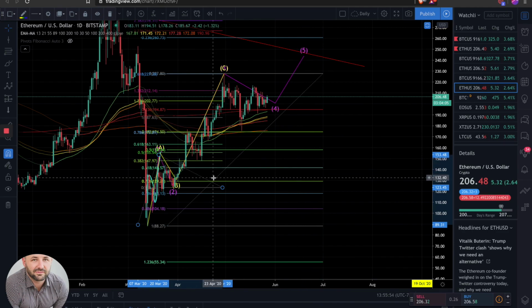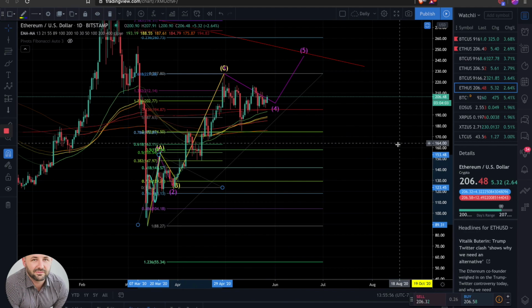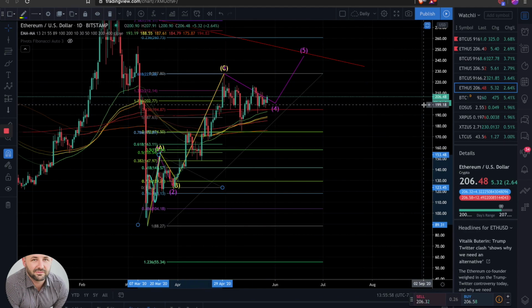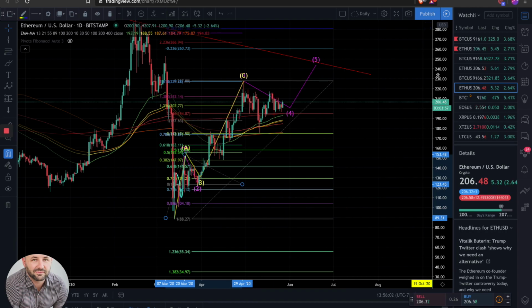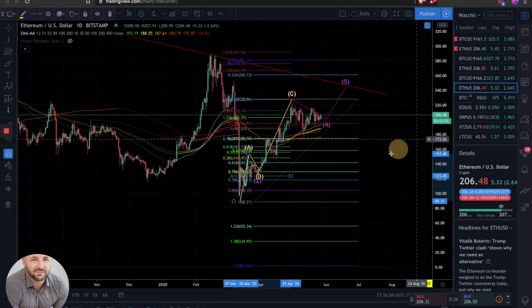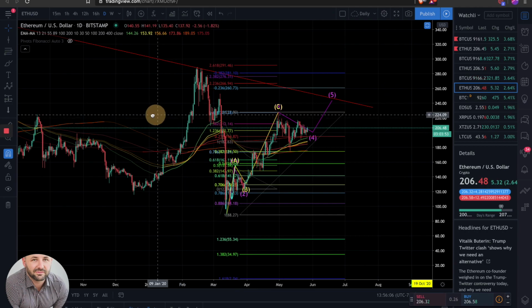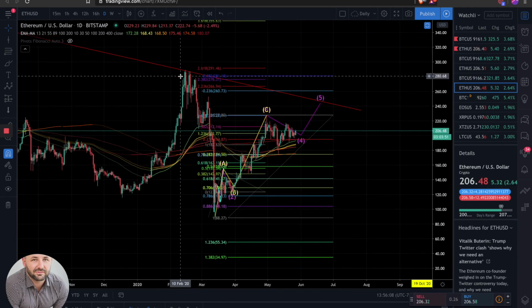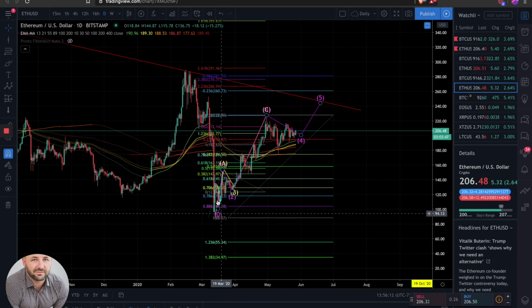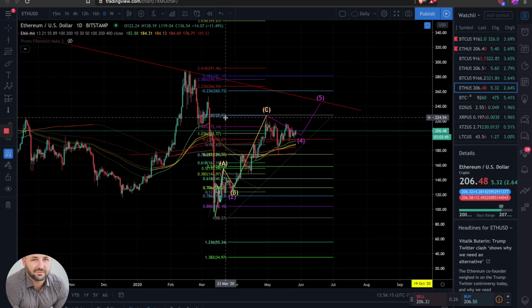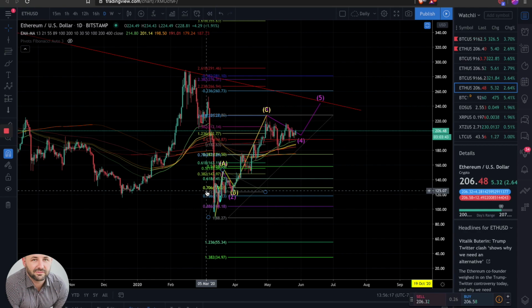Now, depending on what the overall move is, sorry, computer's being a little slow, guys. So depending on what this is in regards to this move down being an individual completed 5-wave move, again, if it's a 5-wave move, it either starts with 5 or ends with 5.